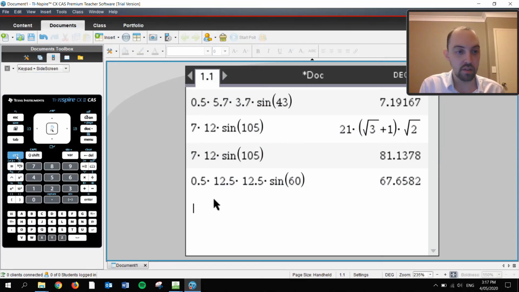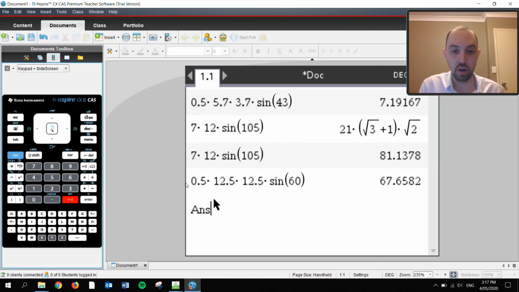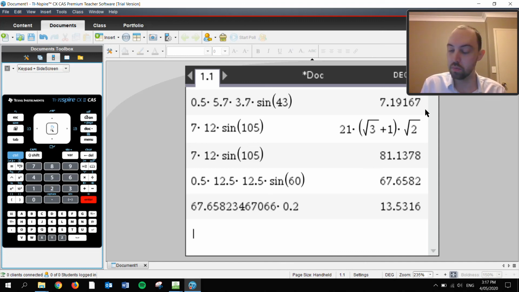I'm going to take my answer from my calculator, however you decide to do that, and then times that by 0.2 meters. We get 13.53 meters cubed of topsoil.